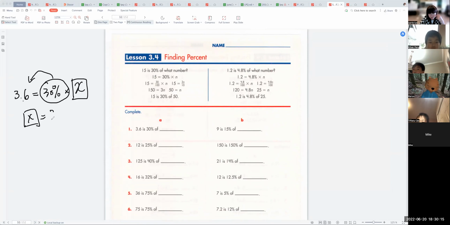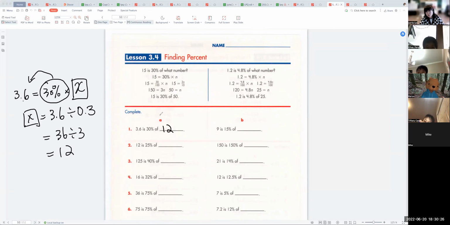So X equals 3.6 divided by 30%, which is 0.3, which equals 36 divided by 3, which is 12. Get it? Get it, everybody? Okay, next one.